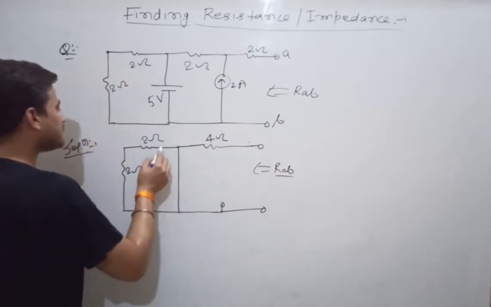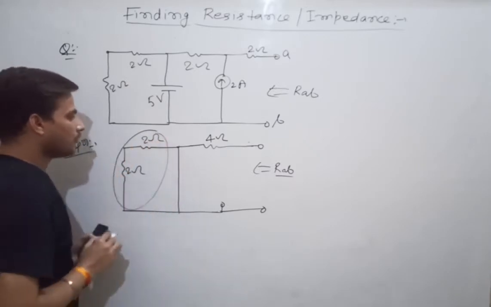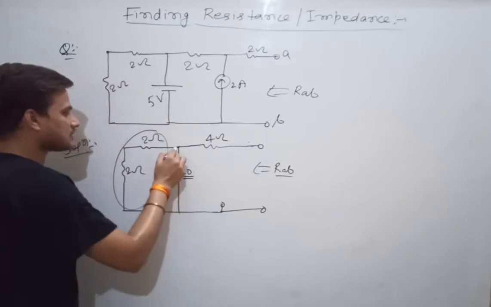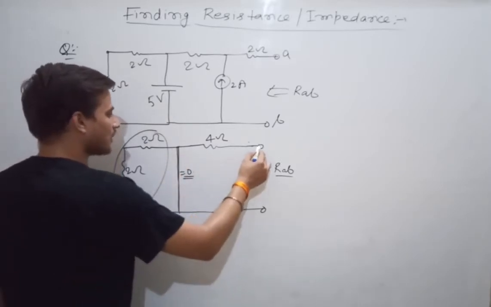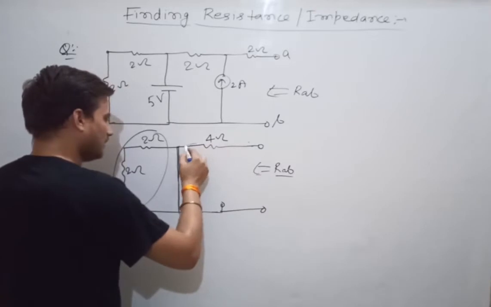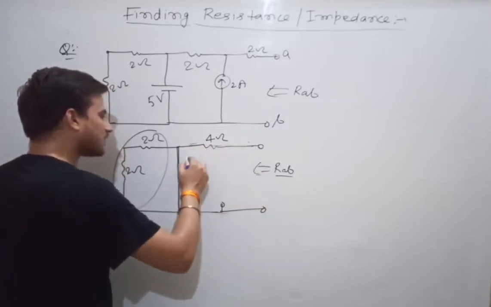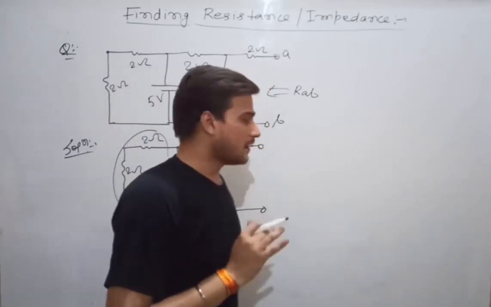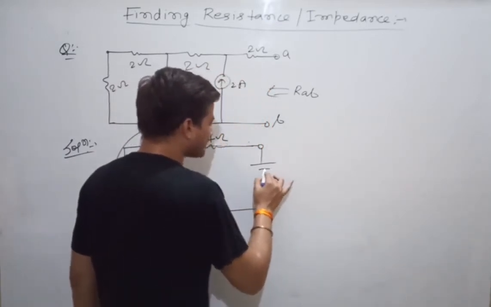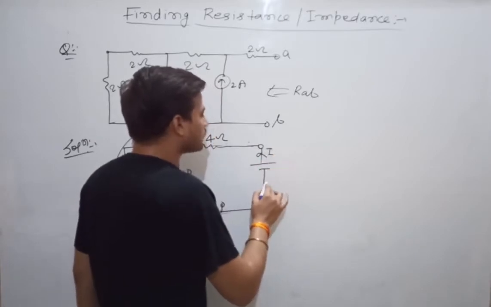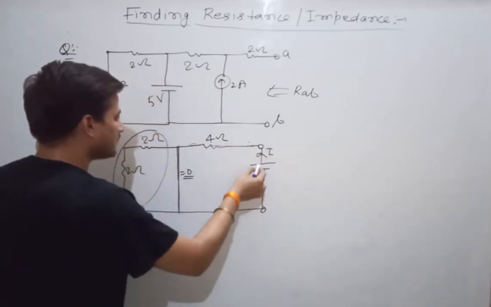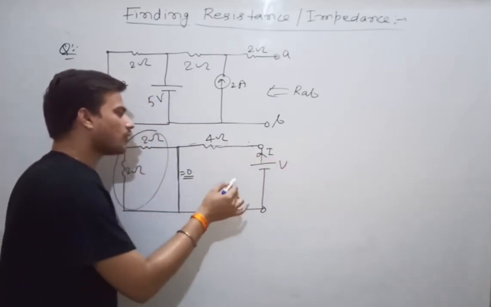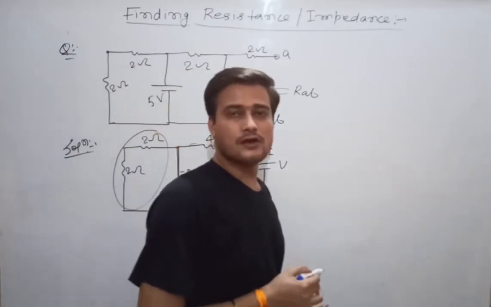Now what you see? This resistance will not come into the role, because this resistance is 0. This is a short circuit path. That means if you place any battery, the current flows through this short circuit path only. What is the meaning of resistance? If you place a battery and a current flows through it, then the resistance observed by this voltage source is called equivalent resistance.